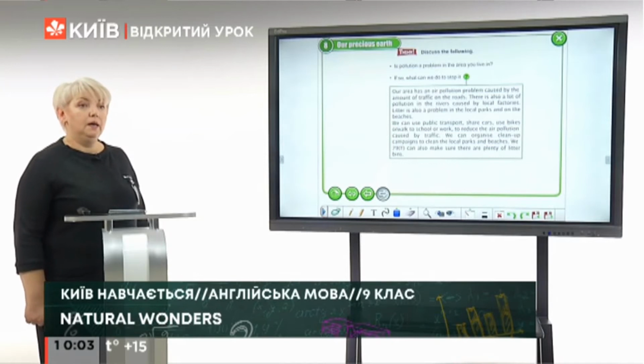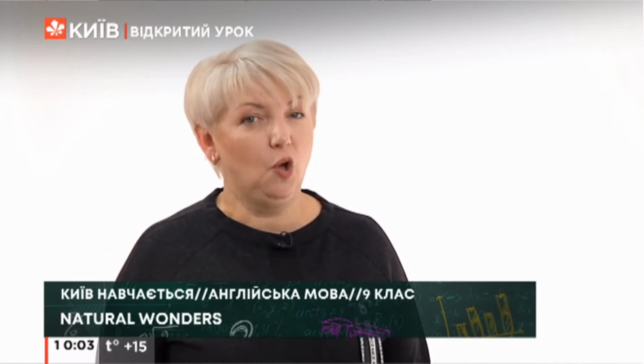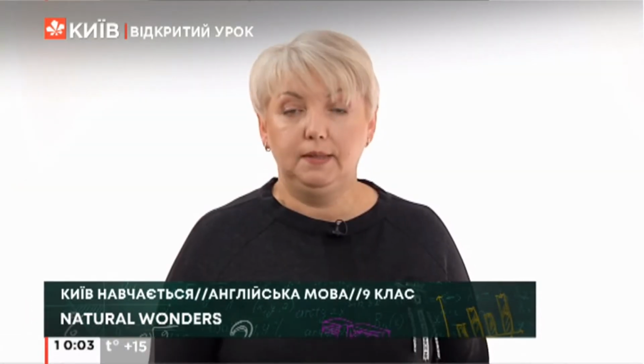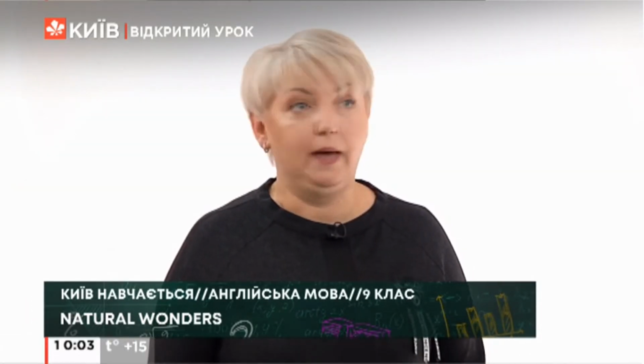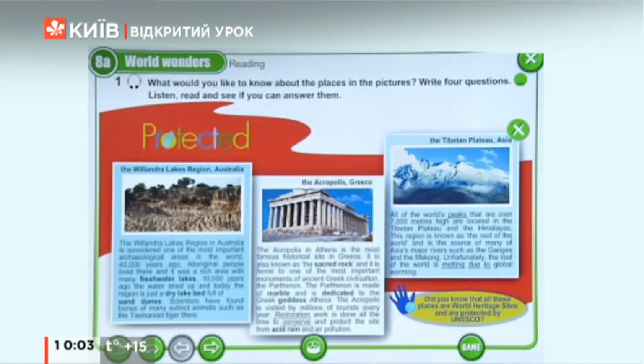But today we'll start speaking about environmental problems from a very interesting topic. Pay attention to the screen. As you can see on the top of this page, we'll speak about world wonders, which are also unfortunately polluted and ruined nowadays.